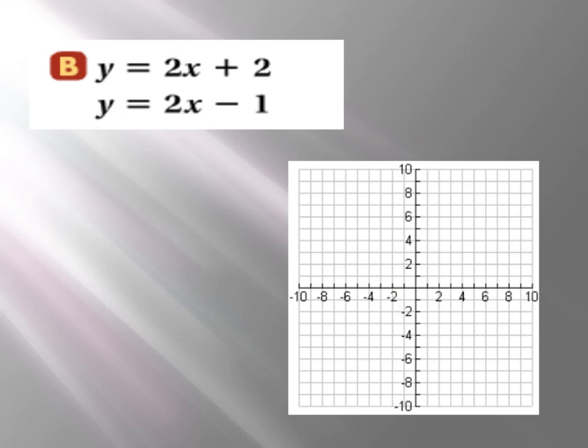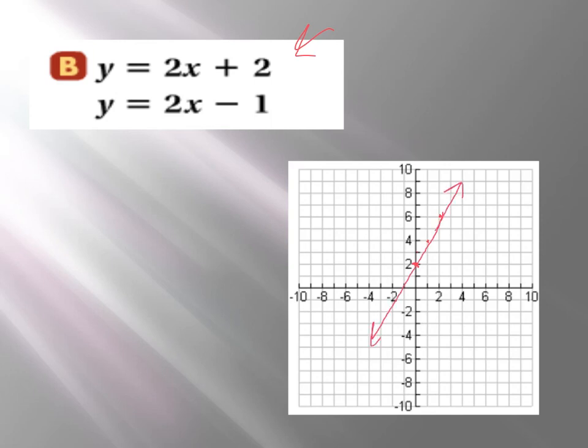So last one for the day, how many solutions does this have? First you graph the two equations. In this first equation, my y-intercept is a positive 2, and from that point, I have a slope of rise of 2, run of 1. I'm going to draw that line.